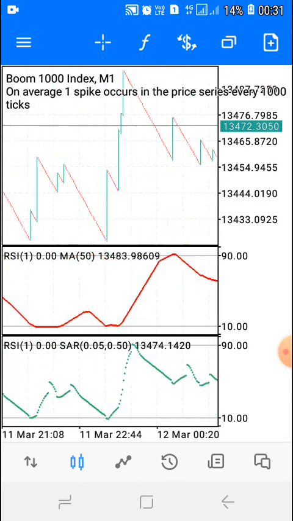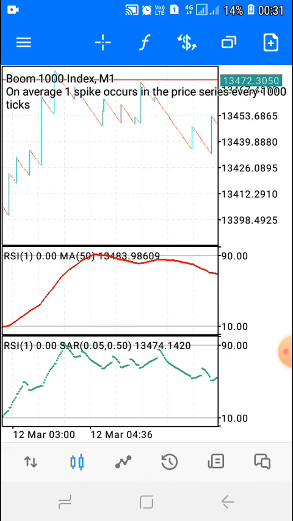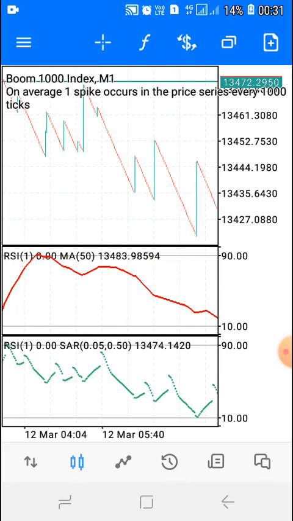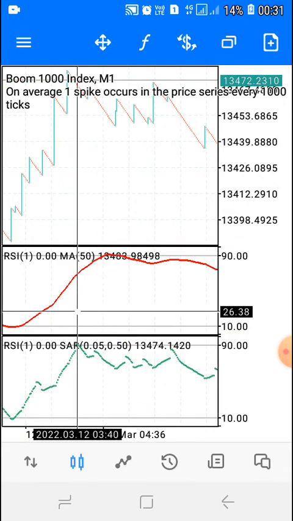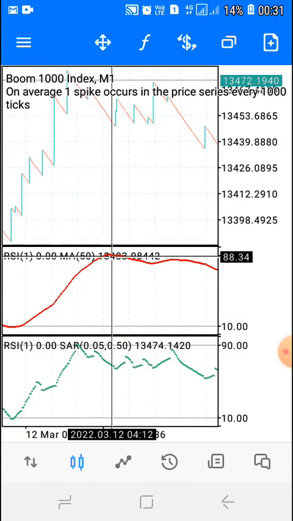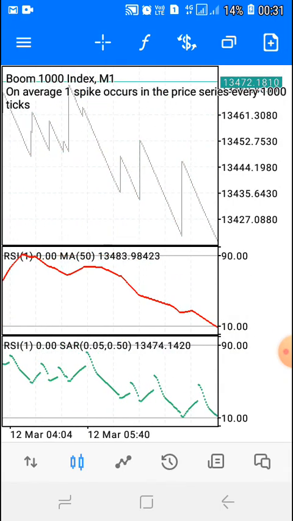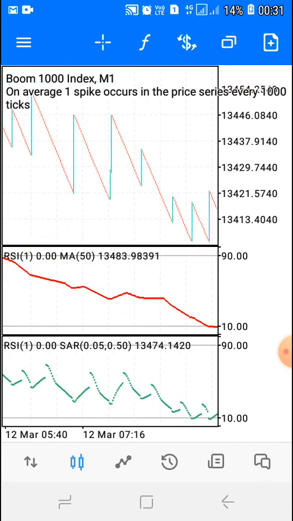So with the parabolic SAR, we always need to make sure that the chart is zoomed out completely. So for example, over here, the parabolic SAR is at the 90 level, the moving average is at the 90 level, we take a sell. Because on the 1 hour time frame, we saw the market was moving in a downtrend.